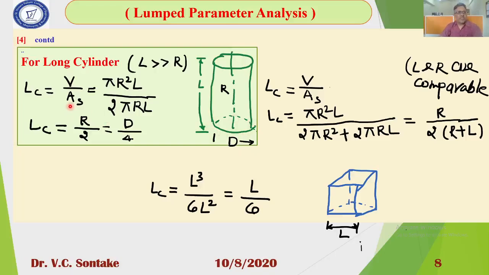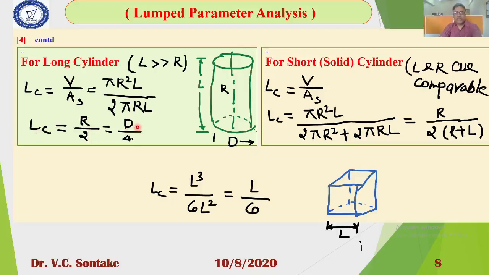So the characteristic length for a long cylinder can be calculated as volume by surface area. Pi r square L will be its volume and 2 pi r L will be its surface area. I am not considering the surface area of the top and bottom surfaces because the diameter is negligible compared to length. So for a long cylinder, the characteristic length will be r by 2, which is equal to d by 4.